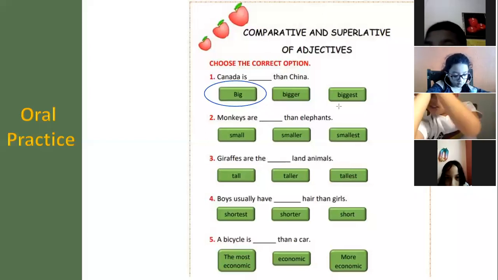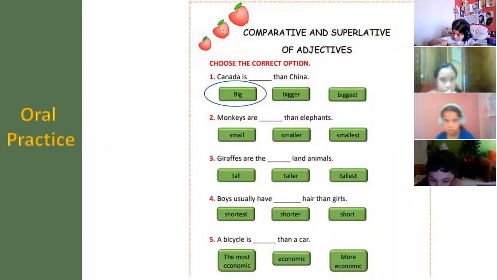Yes. Okay, Ryan, is Alan correct? Ryan, is Alan correct? Canada is than China. Look at his answer. He says Canada is big than China. Is that correct? Bigger.